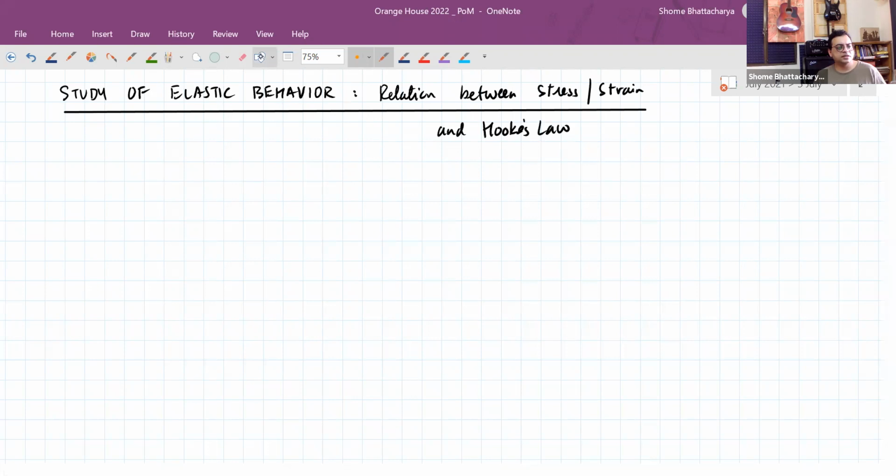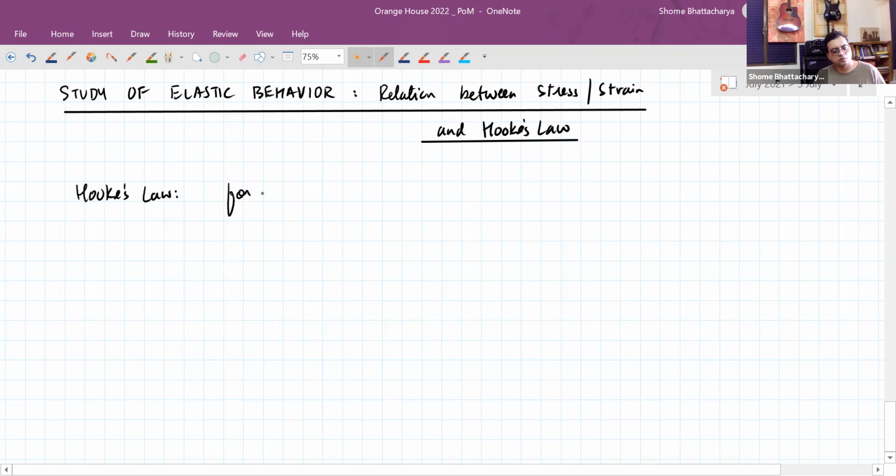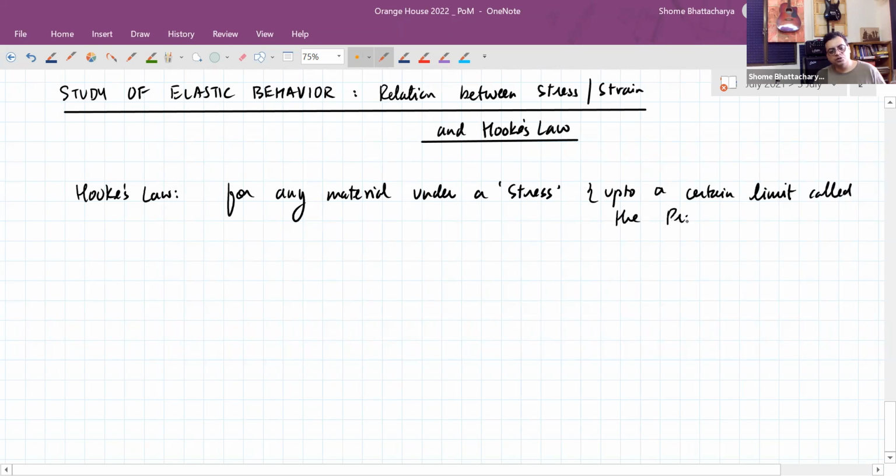So the statement of Hooke's law is basically like this, that for any material under stress, whichever type of stress, okay, but up to a certain limit called the proportionality limit, stress and strain are directly proportionate.